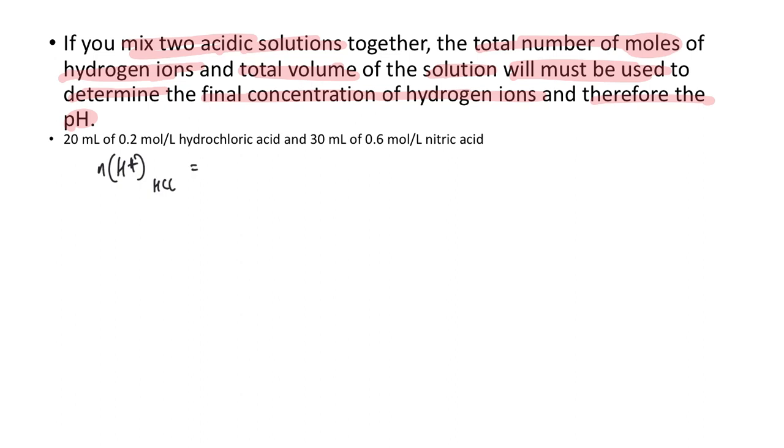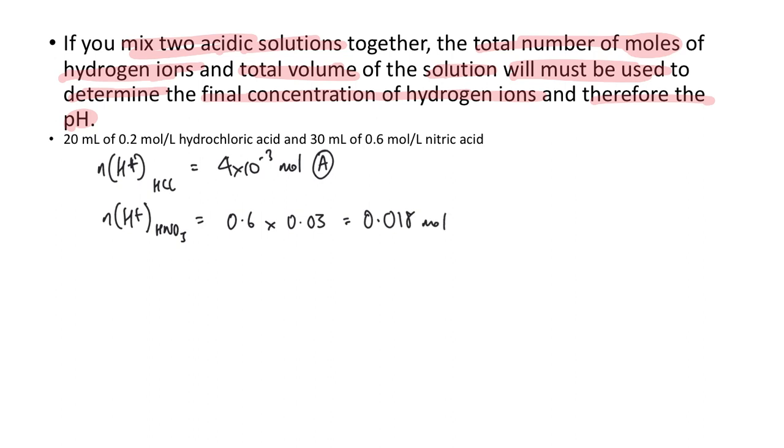It is equal to 4 times 10 to the negative 3 moles, which we'll save on our calculators as A. That comes from the 20 mL and the 0.2 mol/L. Then the number of moles of H+ from the HNO3 is equal to 0.6 times 0.03, which is the 30 mL and the 0.6 mol/L, which is equal to 0.018 mole, which we'll call B.